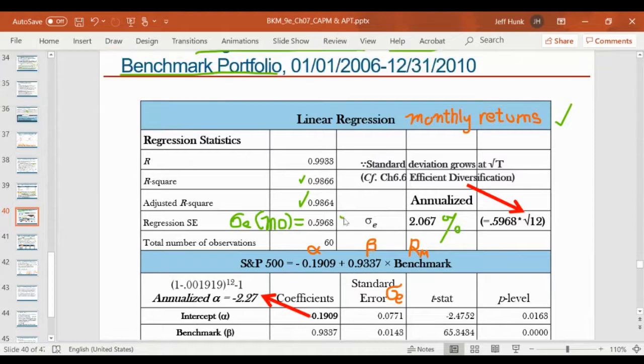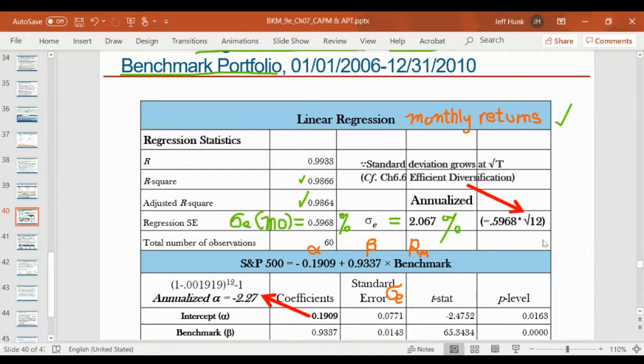This seems pretty, kind of small. Annually, if you annualize it, it is 2.067. How do you annualize it?